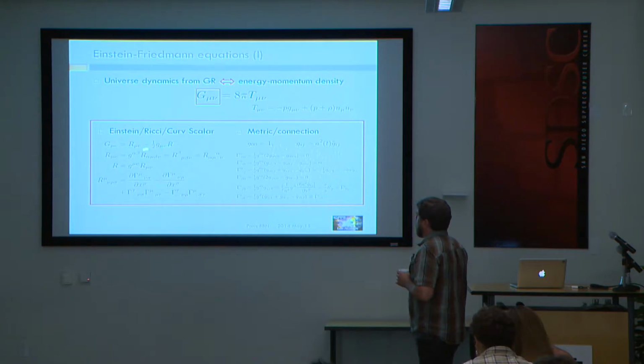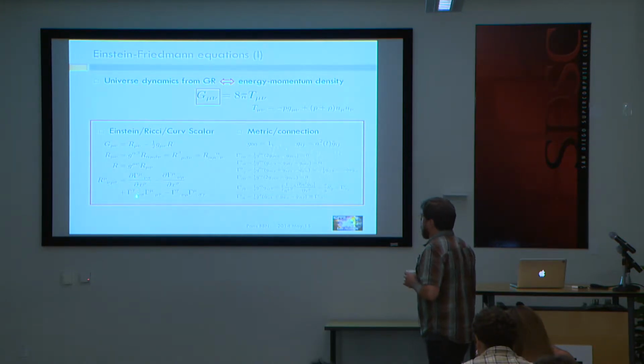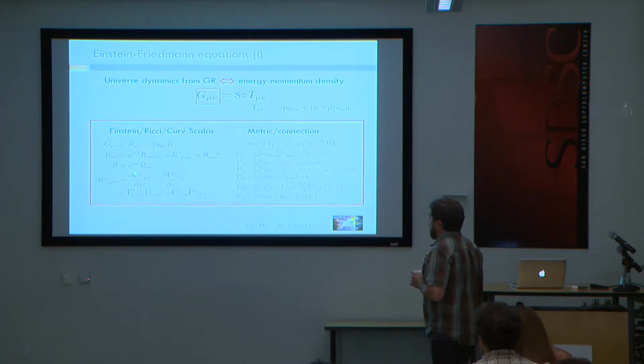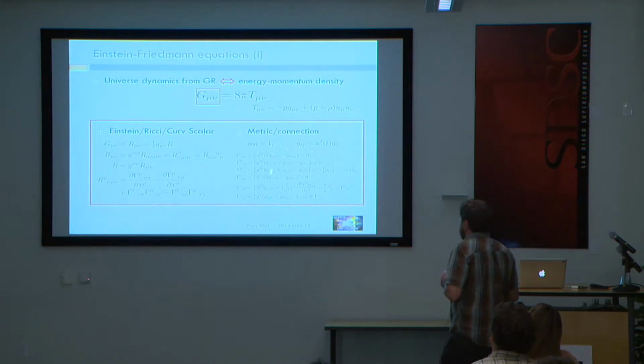The Ricci and curvature are given in terms of the Riemann tensor, which is given as derivatives with respect to the affine connection. I've written out the components of the affine connection here.